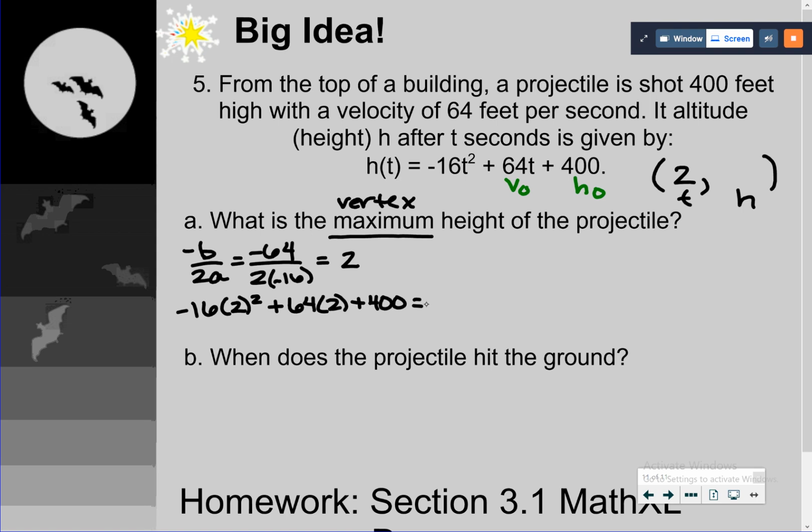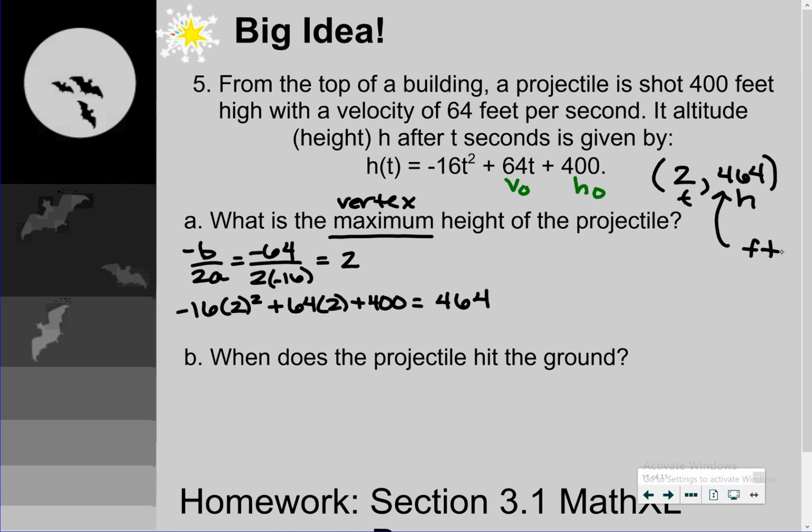That's going to give me negative 64 plus 128 plus 400. I get 464. And that is our answer. We would label it feet. Okay, so after 2 seconds, it reaches 464 feet, and that is the maximum height of the projectile.